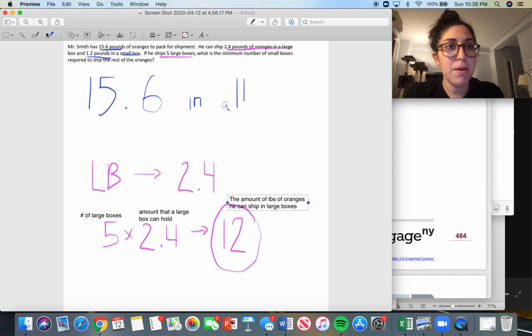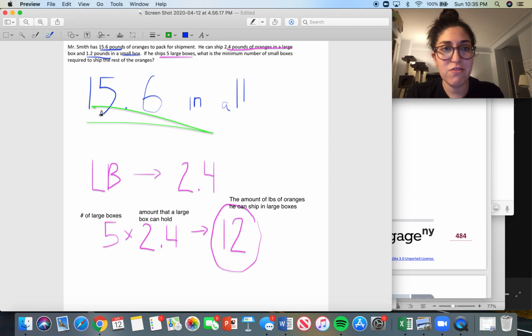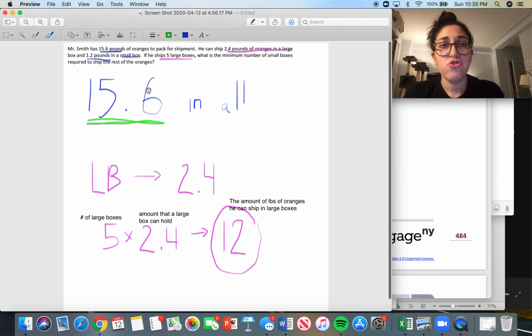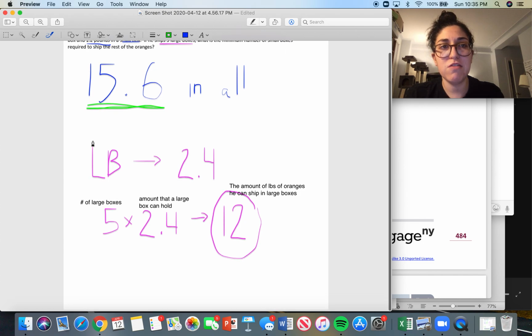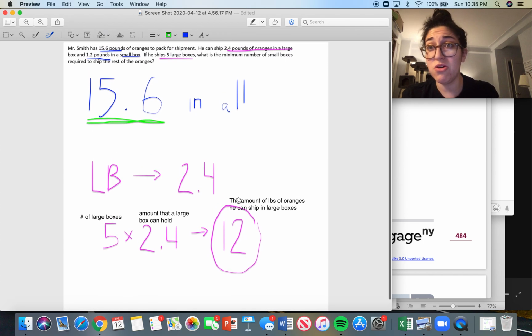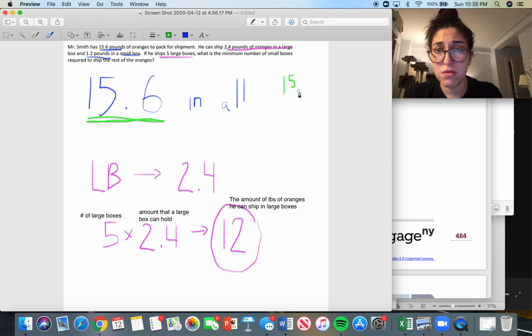But I have to remember that this says that he has 15.6 pounds in all. So if he ships 5 large boxes, what is the minimum number of small boxes he needs to ship the rest of the oranges? Well, now I need to know, how many oranges does he have left over? So I started with 15.6, then I had to take away 12 pounds of it.